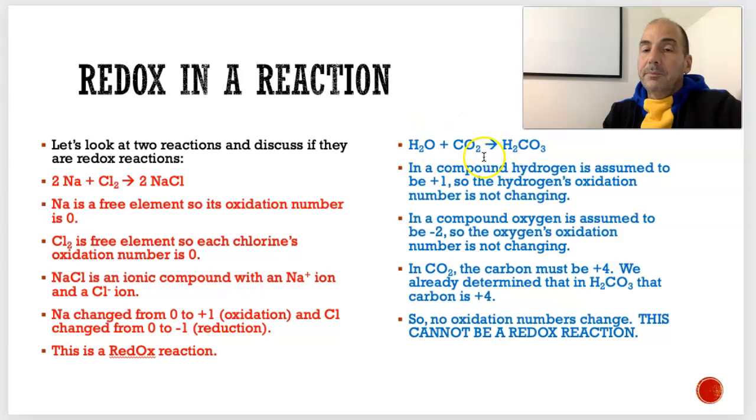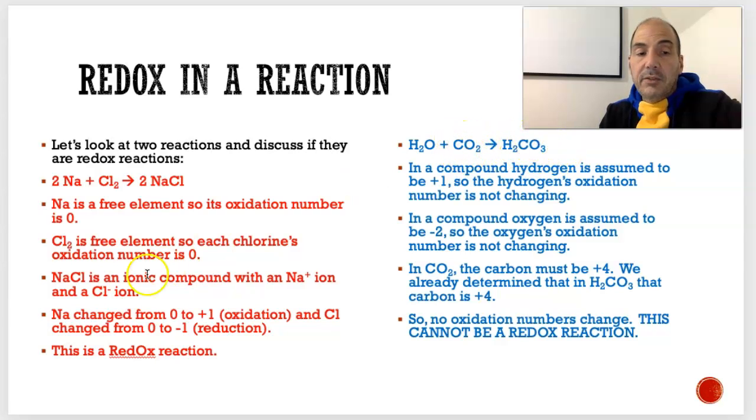Let's look at this one. I see a bunch of hydrogens and oxygens, and I know in a compound, hydrogen is always +1. So this is +1, this is +1. Hydrogen isn't changing. I know oxygen is -2, -2, -2. Oxygen isn't changing. Let's check the carbon just to be safe. If the oxygens are -2, that means this carbon is +4.